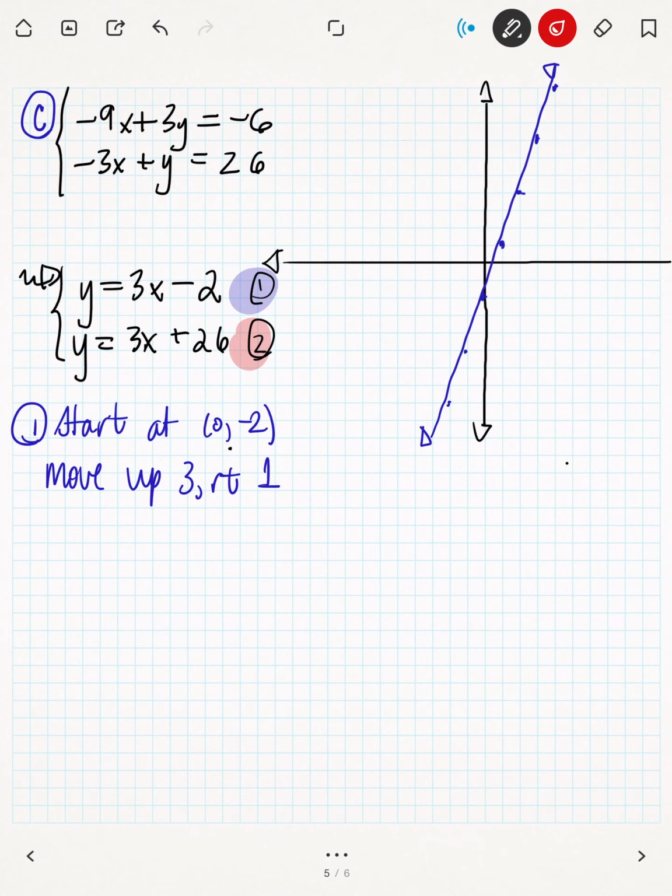For the second one, this has an intercept of 0, 26, which I don't have on my grid, so I'm going to pick a different point. If x were negative 10, then y would be negative 4.